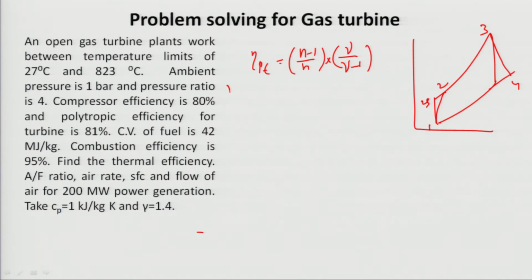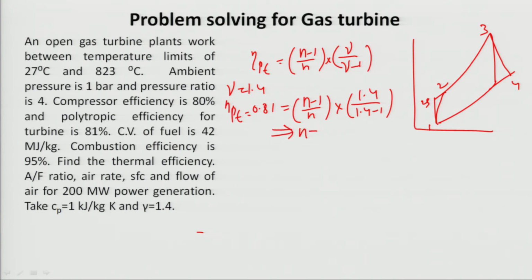Gamma is equal to 1.4, and the polytropic efficiency of the turbine given to you is 0.81. Put the values in this equation: 0.81 is equal to n minus 1 over n into 1.4 divided by 1.4 minus 1, and with the help of this equation you can find out the value of n. The value of n comes as 1.3.